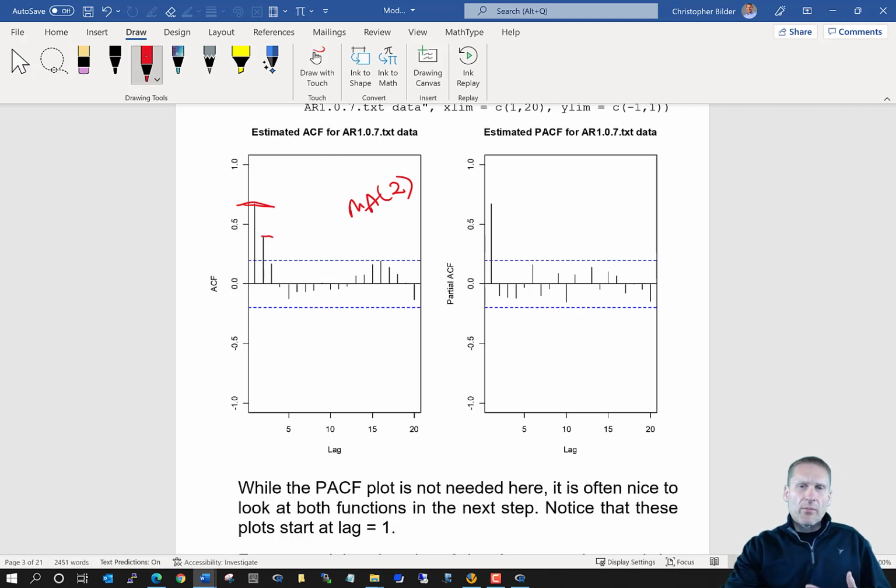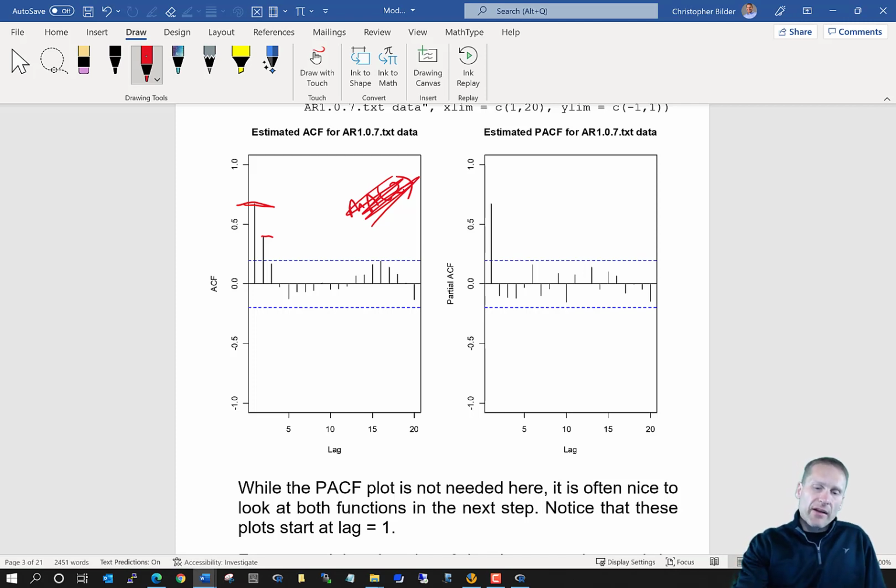Now, of course, though, the partial autocorrelation function should be tailing off to 0. It doesn't really look like that there, but in actuality, when you don't know where the data comes from, it can be difficult making decisions about what to look at in terms of these candidate models.